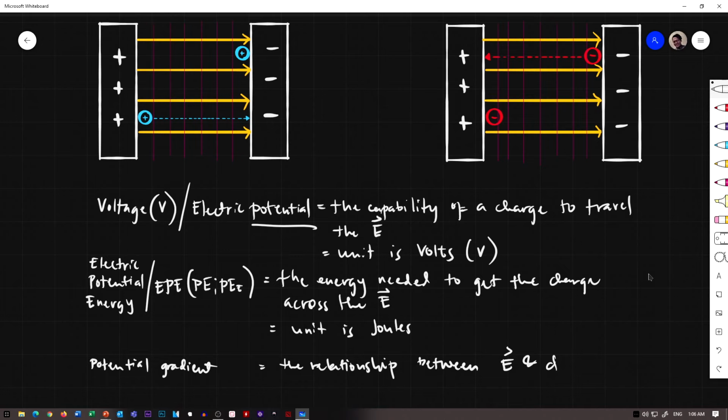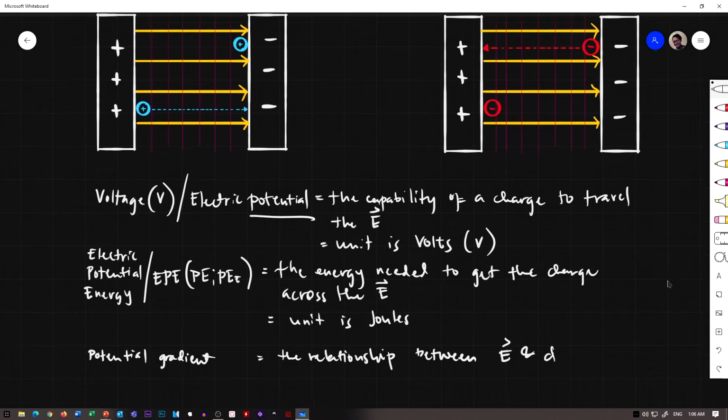Okay, so if you're having a uniform electric field, which of course can only be completed if you have two plates that are facing each other, the strength of the electric field in that particular coverage or distance would have of course an effect on the electric potential. So that is what potential gradient is.